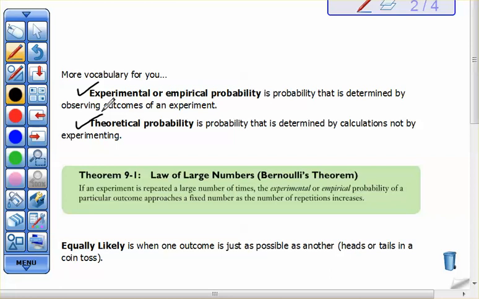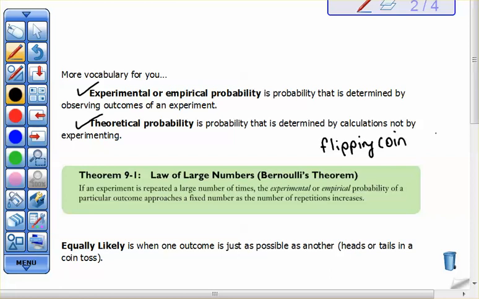When I said that probability was number of successes over total possible, let's say I wanted to know the probability of getting a head when I flip this coin.